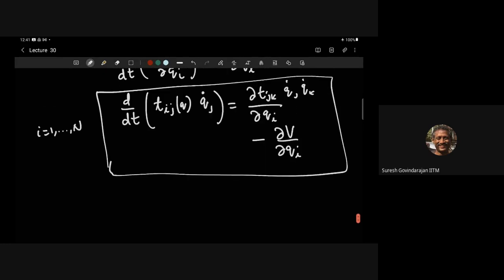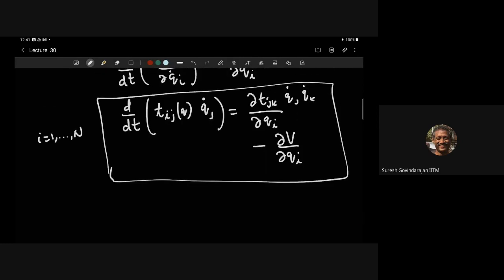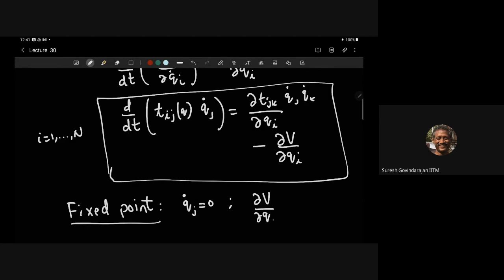There are all these other terms, but the equation of motion is the equation of motion. The idea of a fixed point is that you put all the qj dots to be 0 for all j equal to 1 to n. Further, we say that dV by dqj for all the qi equal to some q naught i is 0.